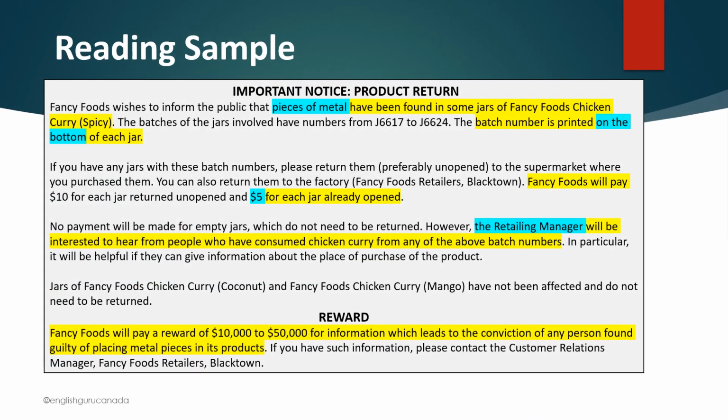So going back to the text, and my next sentence that I've highlighted is the retailing manager will be interested to hear from people who have consumed chicken curry from any of the above batch numbers. So the retailing manager would be my answer.